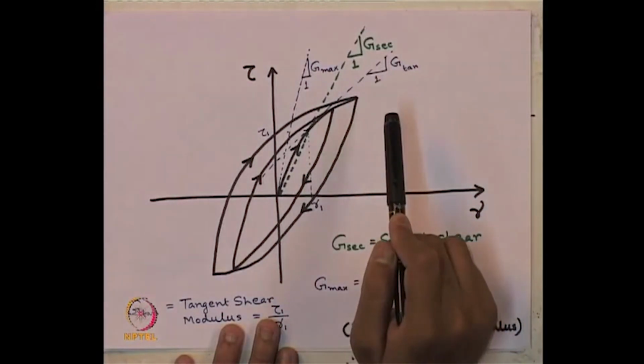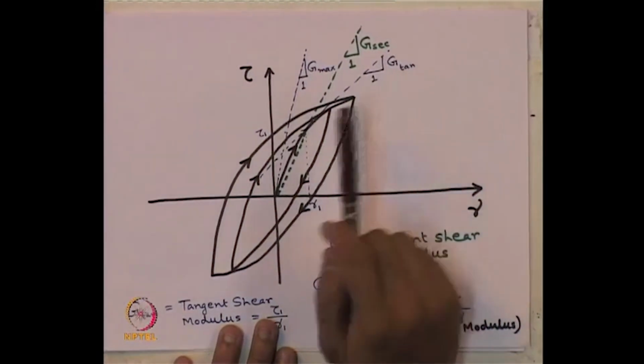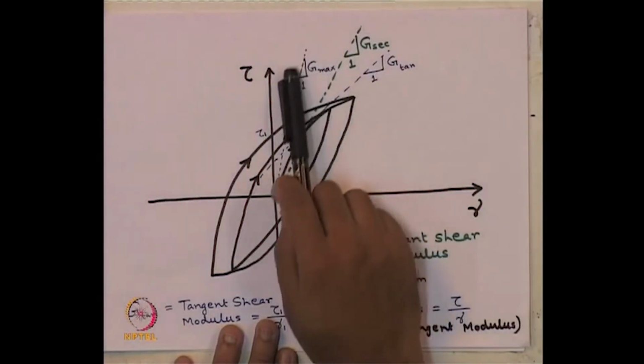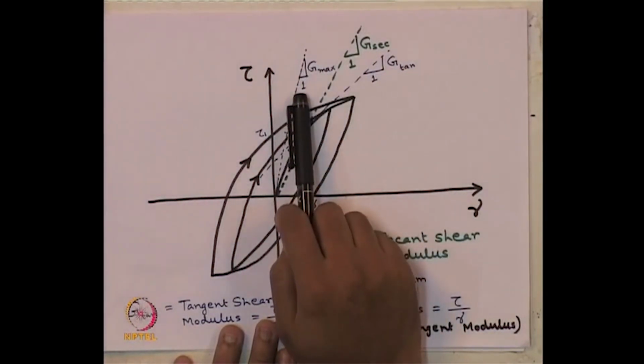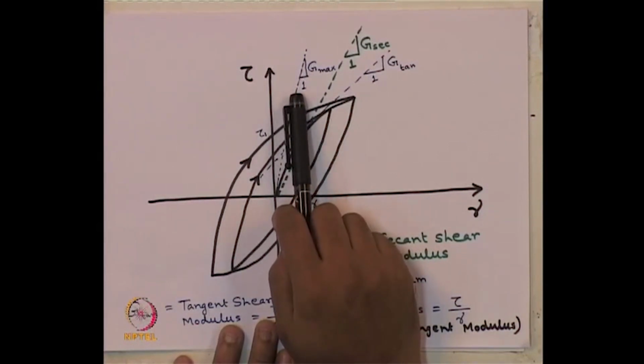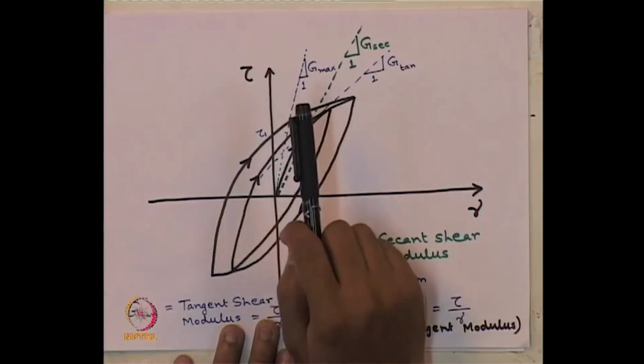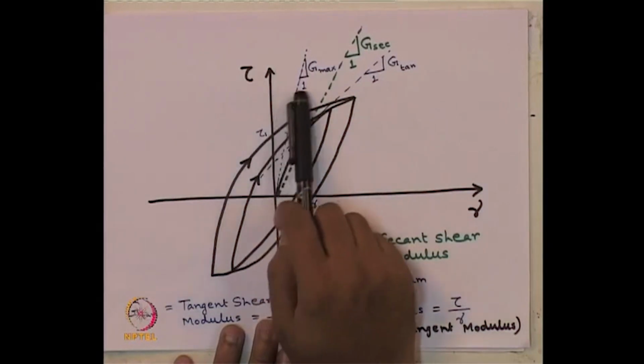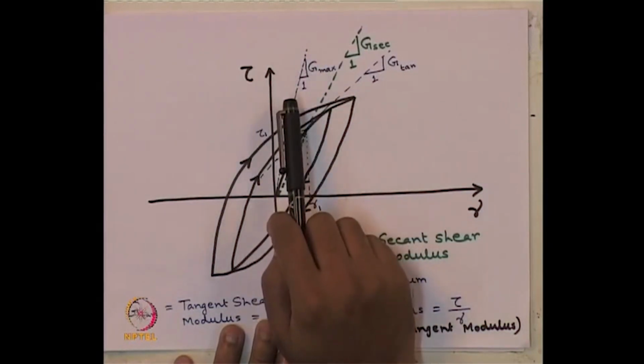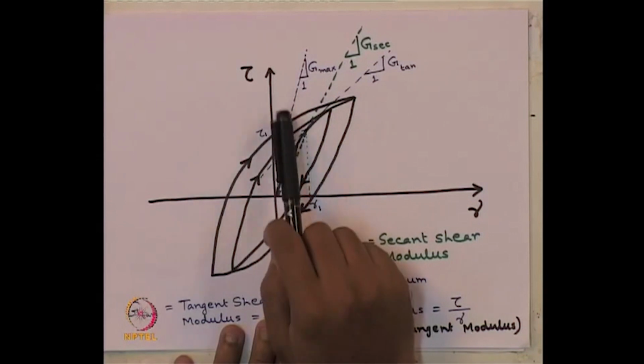Remember, if we take G max in our analysis, obviously we are overestimating the value of shear modulus or strength of the soil under the dynamic load, which might be dangerous in many cases. That is, you are assuming that your soil can take high strength under a dynamic loading condition, but it may not necessarily be true in the linear analysis.